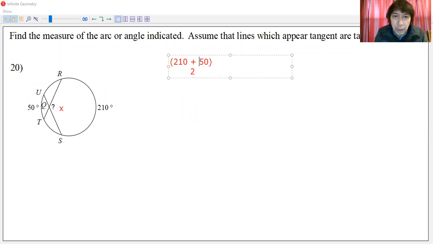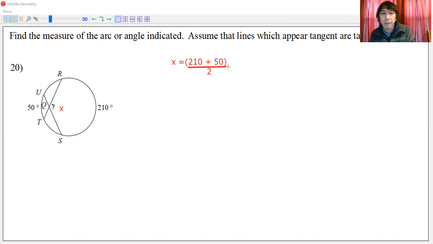Let's put the x on the other side. Let's put the x here. x is equal, like that, so it's already at the left side. The average of the two intercepted arcs will be the angle formed by the intersecting chords. So it's 210 plus 50 divided by 2.